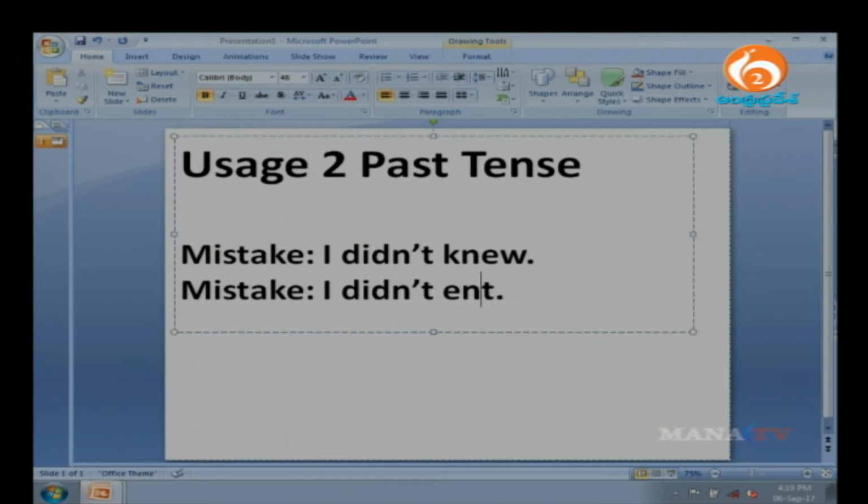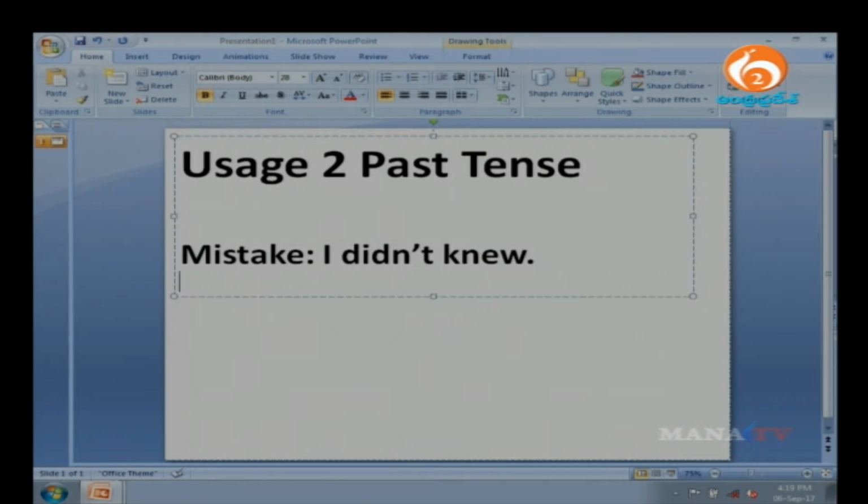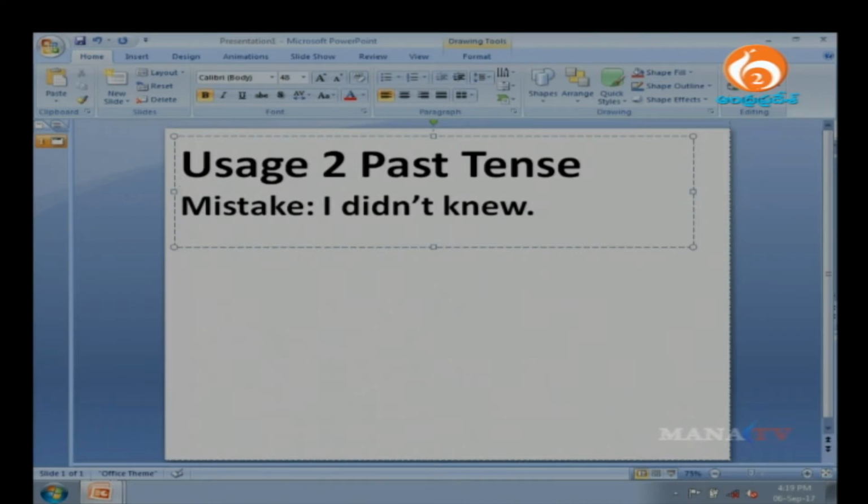Can I say I didn't went? No. Or let's take this example because it's a very common mistake. People usually say, I didn't knew it.